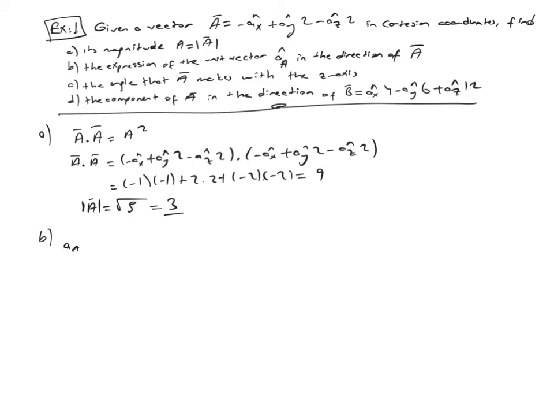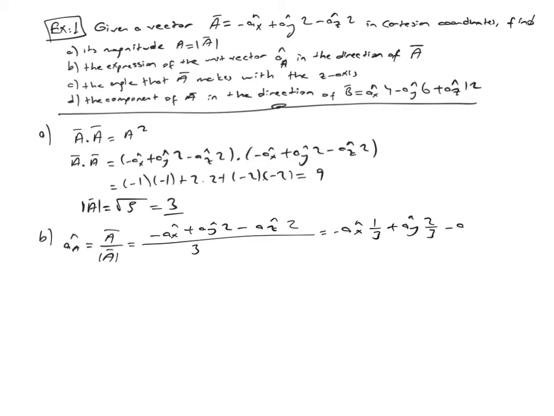We know that unit vector is equal to vector over its magnitude. So, magnitude of vector A is equal to 3 and vector A is, and this is the unit vector in the direction of vector A. In part C, we are asked to find the angle that vector A makes with the z-axis.